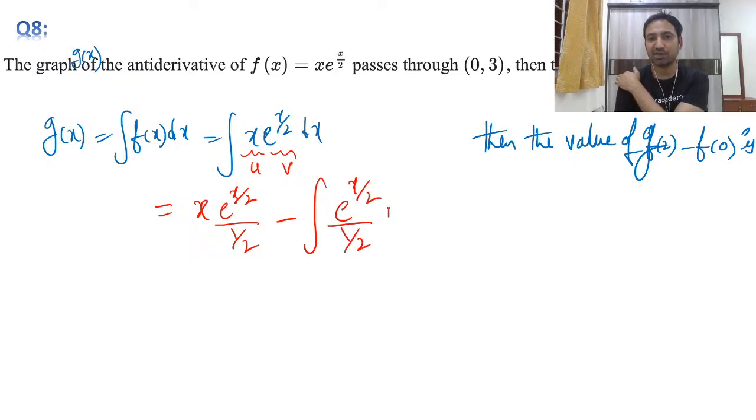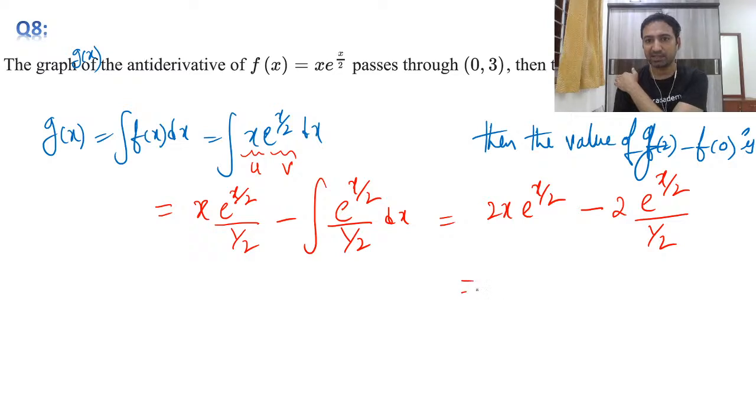Integration of the second function we already calculated, guys. Now if you simplify this, we get 2x into e power x by 2 minus 2 times the integration of e power x by 2, which is e power x by 2 by 1 by 2. That means in total we get 2x into e power x by 2 minus 4 into e power x by 2 plus some constant c.